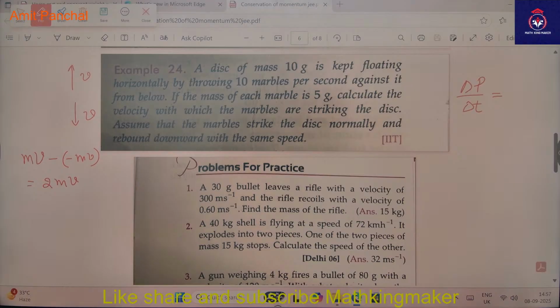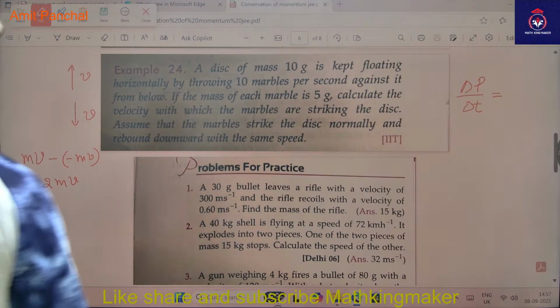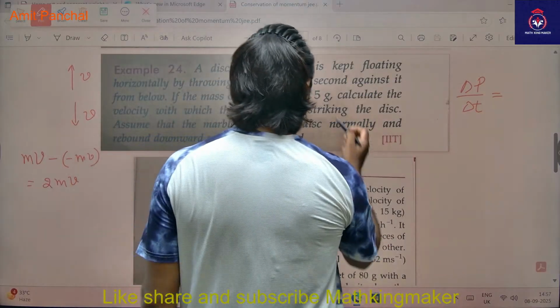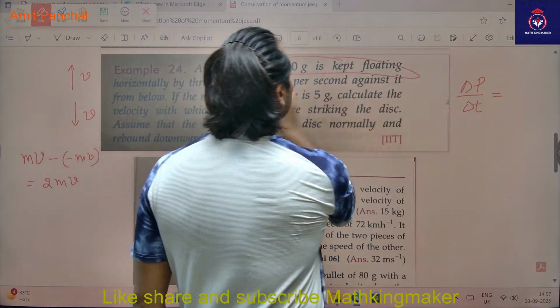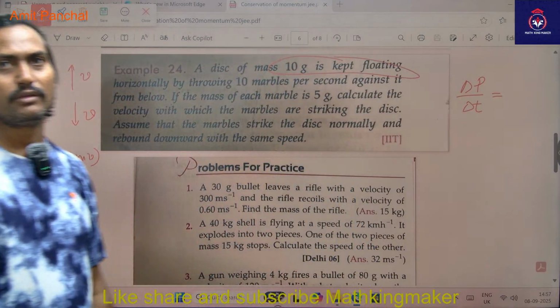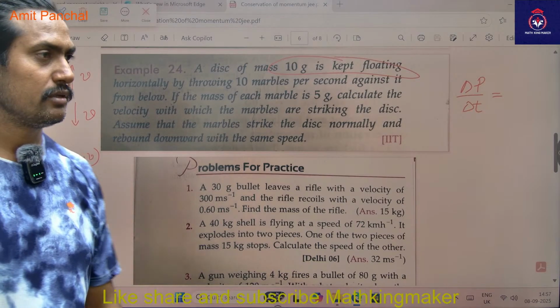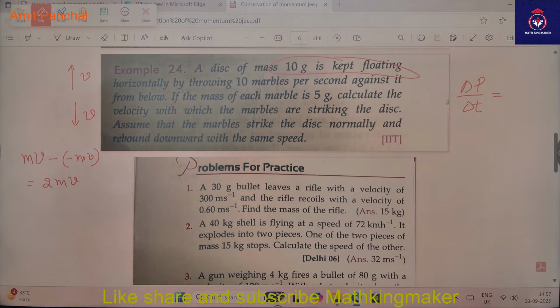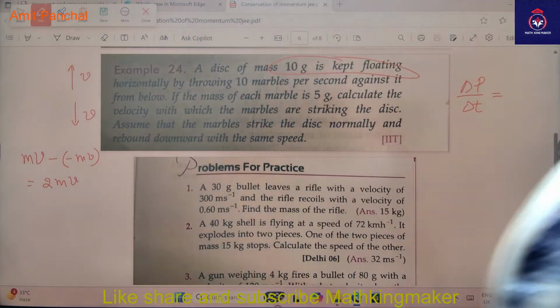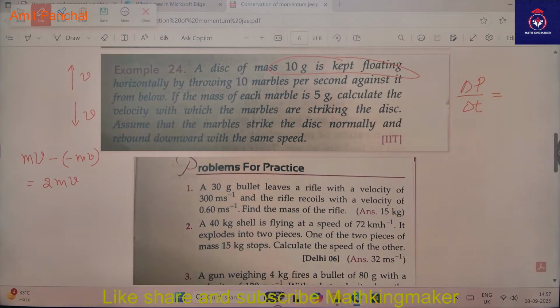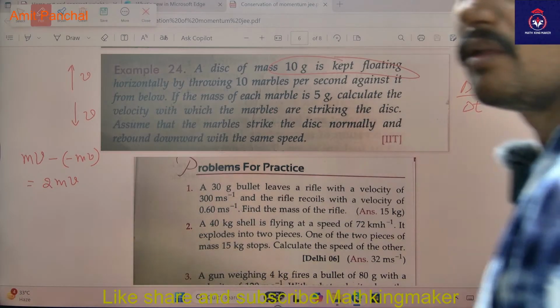It is the weight of the disk. But there's no acceleration. How much force are they applying? Force would be mass into acceleration, right?